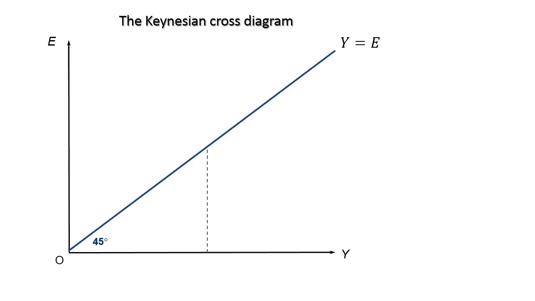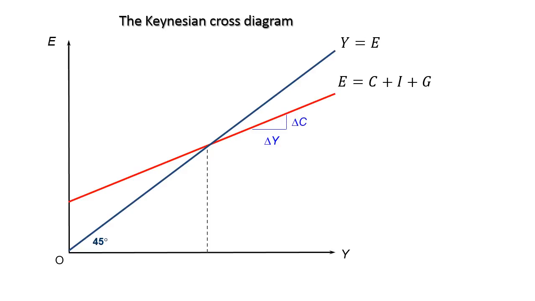So now we can produce a Keynesian cross by adding investment. There is our expenditure line, which now includes the two exogenous components, investment and government expenditure. Notice that the slope of the expenditure function is still the slope of the consumption function.